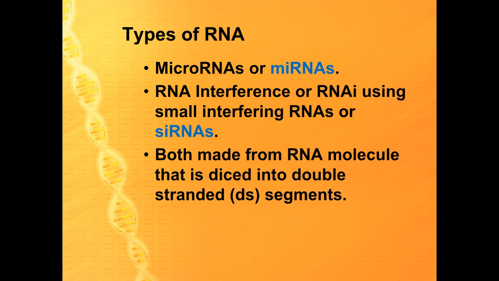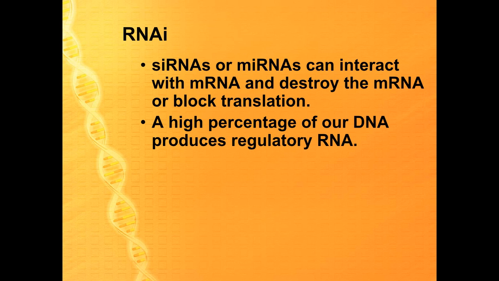You see we've got these microRNAs or small interfering RNAs that, again, are made from RNA molecules. It's diced into double-stranded segments. So they're small strands, or small sequences. They're some of those introns and things like that that are used in regulation that we're only now being able to figure out exactly how they work.